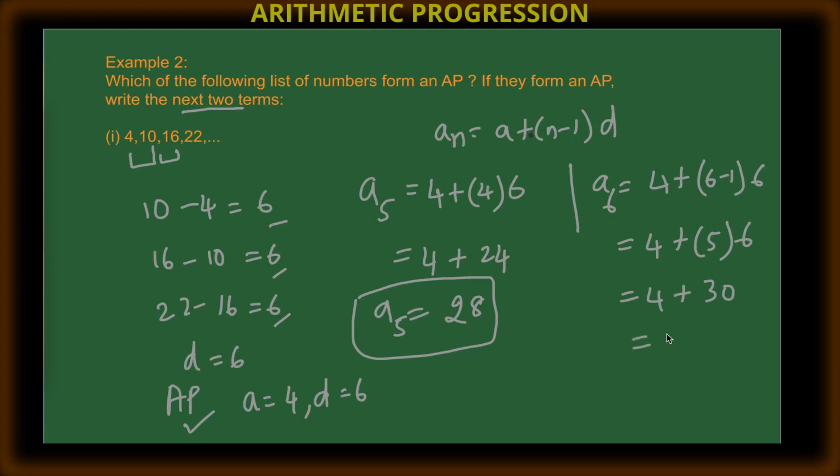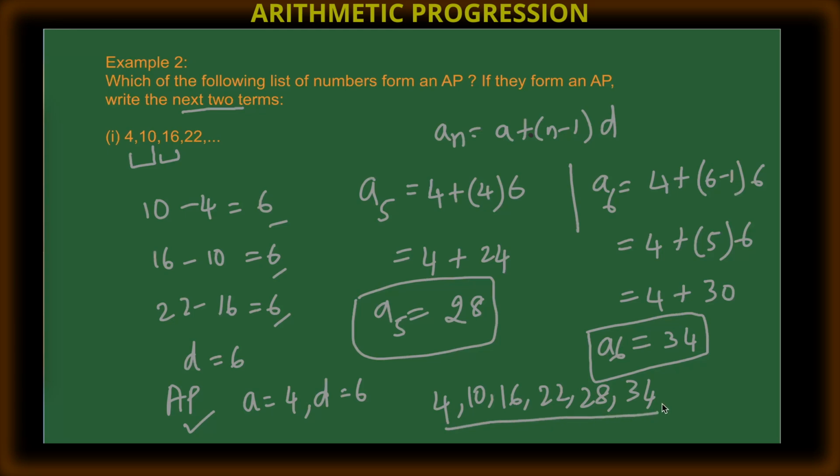So it becomes 34. The sixth term is 34. So the sequence becomes 4, 10, 16, 22, 28 and 34. This is an arithmetic progression.